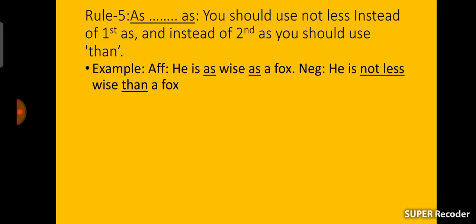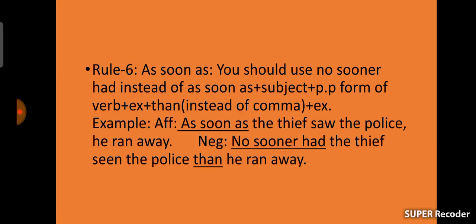Okay, dear students, let's see another rule. Rule 6: as soon as. If you find as soon as at the beginning of any sentence, you should use no sooner had, then the subject, then the past participle form of the verb, then you should use than instead of the comma, then the rest of the sentence.